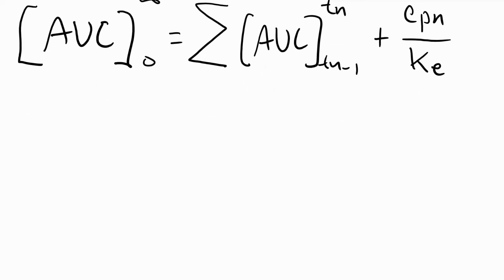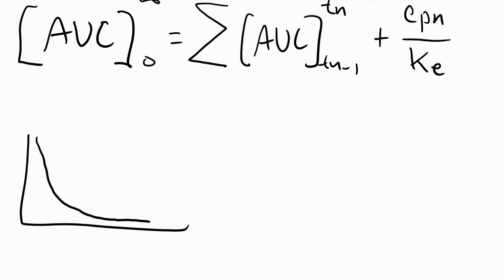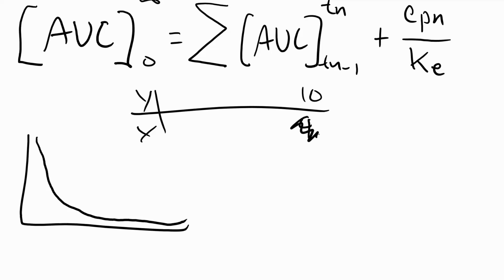Because when you have the first order equation or graph, it ends up looking like this. It's not straight. So what you do is you find it from the values using the trapezoid method, and let's say you have graph values of y and x, and it goes all the way to like 10 at x of 40, like 20.